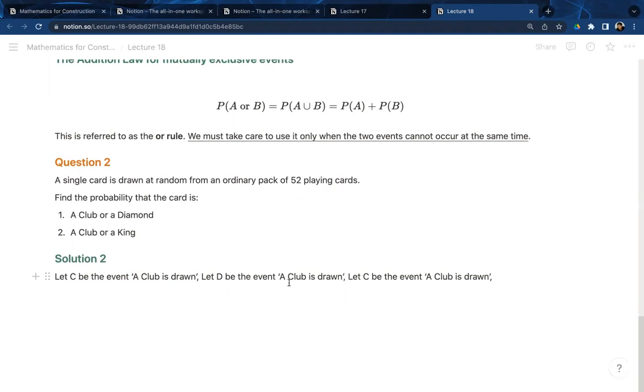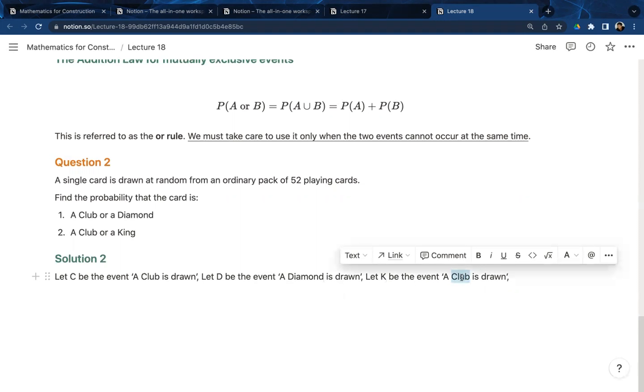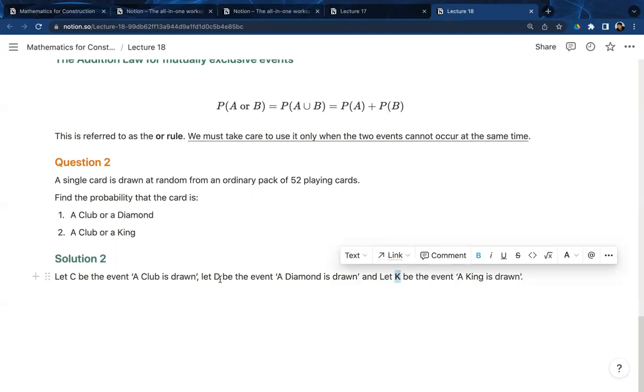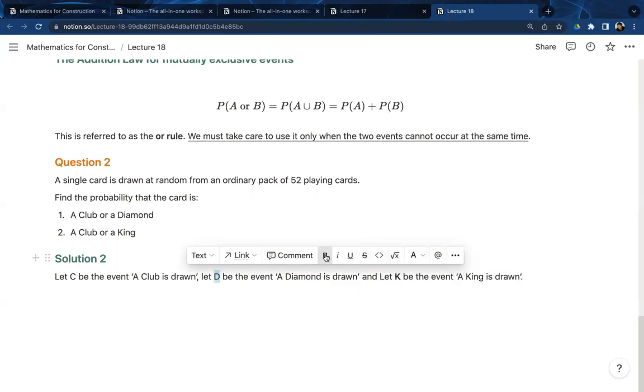D be the event, a diamond is drawn. I'm showing you all how to answer this question. K be the event, a king is drawn. Right, so now we define what C, D, and K is. Then we could use the notation P of K, P of C, that kind of thing.